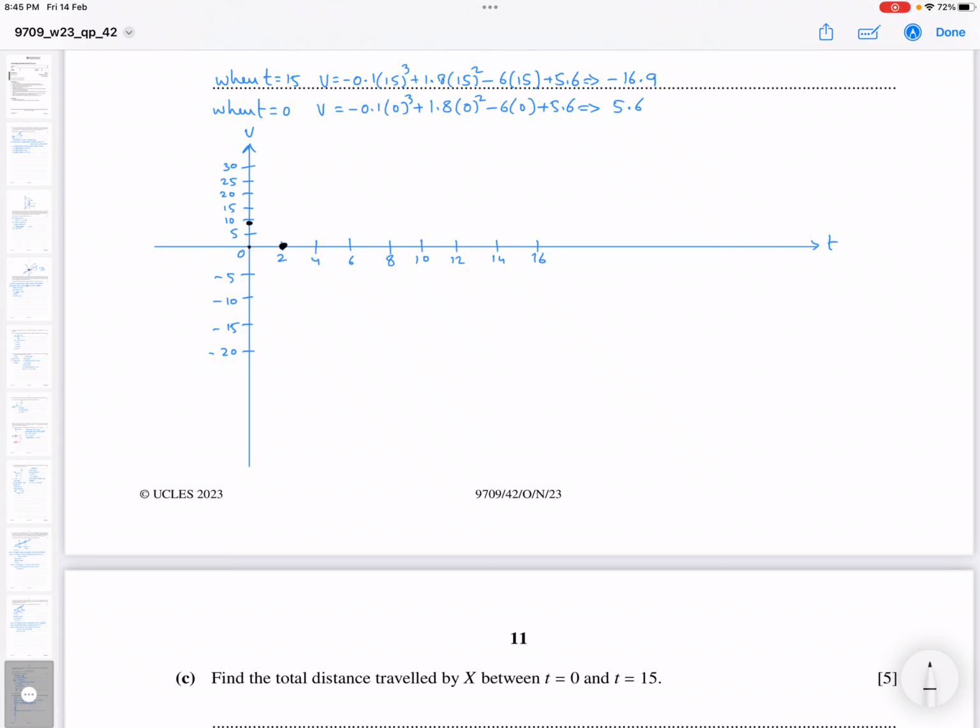So somewhere here, and when our t is 14, our velocity is 0, and when our t is 15, suppose 15 is here, so our velocity is minus 16.9, which is a little below minus 15, suppose here. So now you can join all these points. So this would be our sketch.